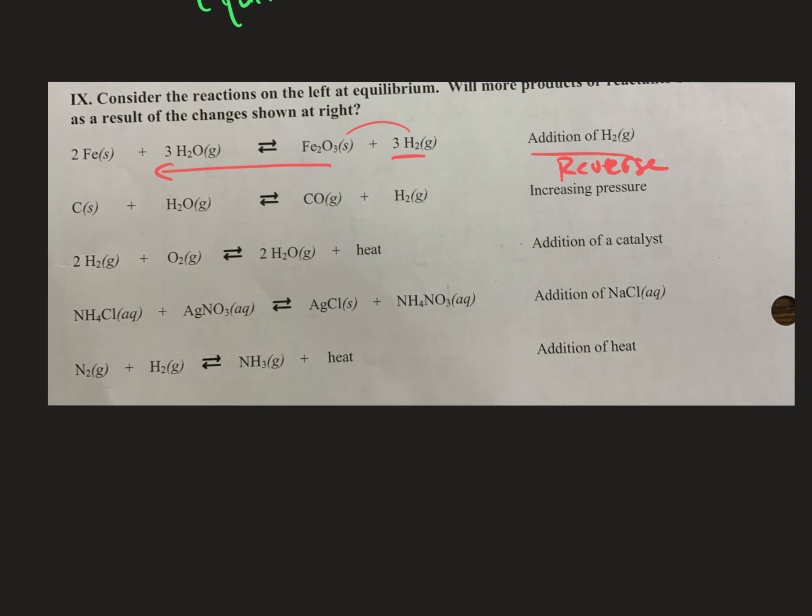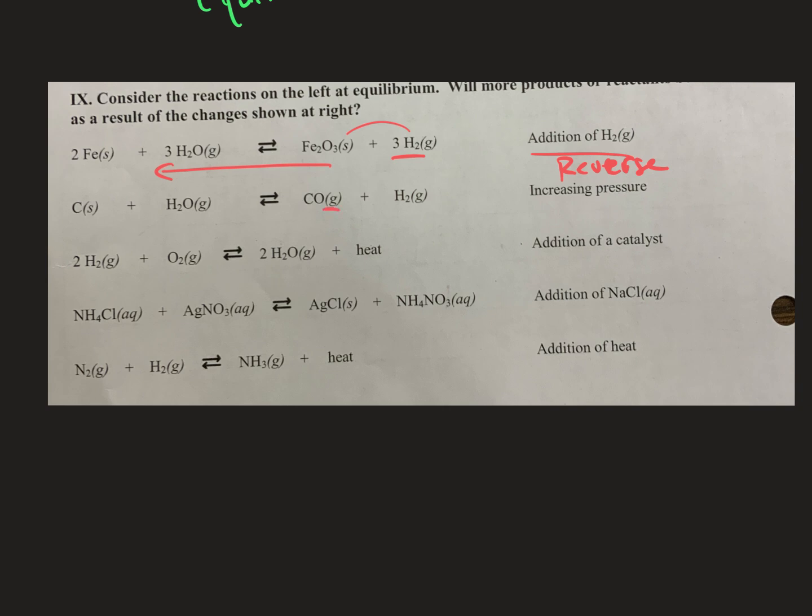What about increasing pressure on the second one? What way do you think it's going to go? Which side is it going to increase that pressure on mostly? The left side or the right side? Remember, pressure, you have to look at the gases.